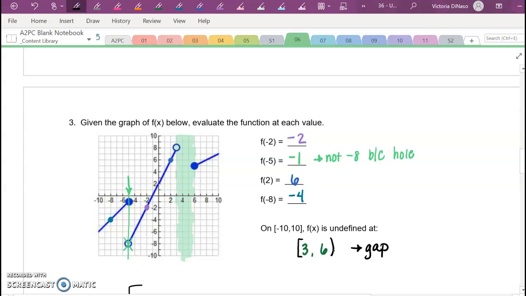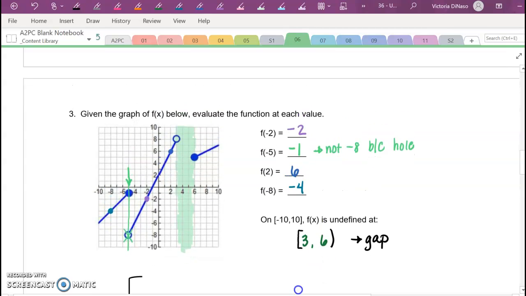So this is the correct way of writing that between 3 and 6 we have a gap. It's undefined, so we know that it's definitely undefined at the number 3, and then at 6 it's actually defined, all right? We have an answer for 6 because it's a point, so that's why we have that parentheses right there. So this takes into consideration that we have a hole at 3 and a gap starting at 3 going all the way to 6.